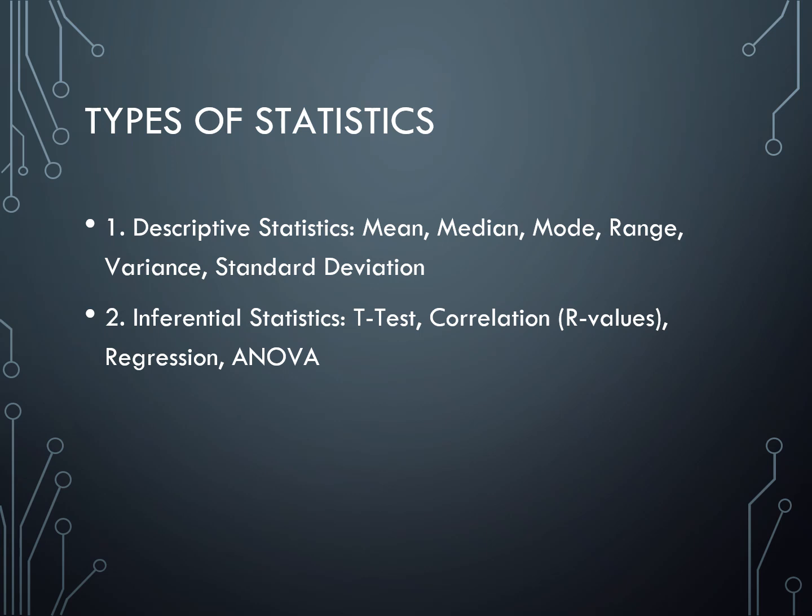It includes techniques like t-test, correlation, regression, and ANOVA. So descriptive tells us what is happening, inferential tells us what might be happening or what will happen next.